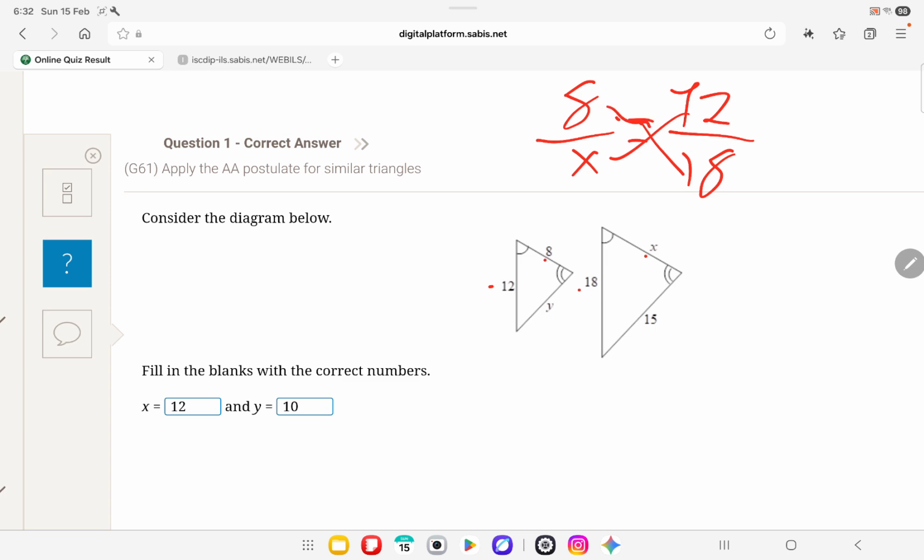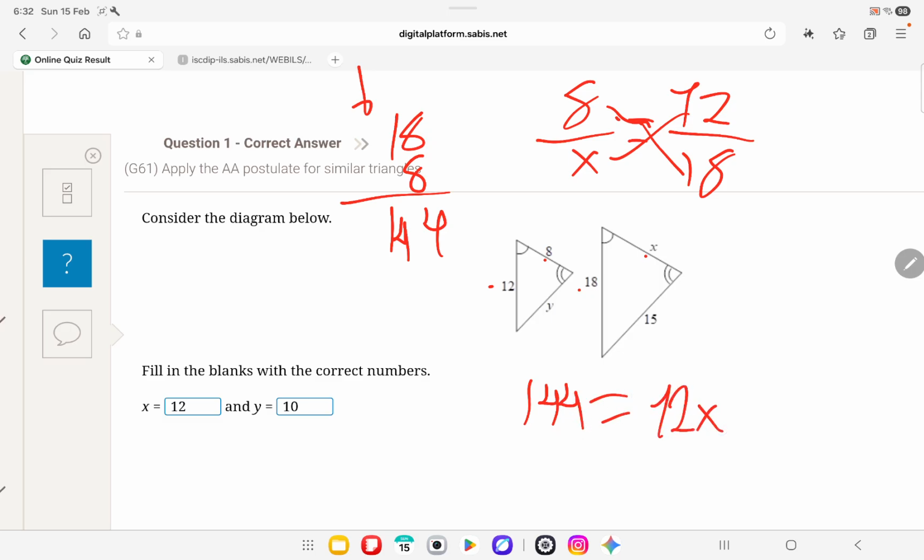So 8 times 18 is 144. So it'll be 144 is equal to 12x. Divide by 12, x is equal to 12. That's it. So x is 12 here.